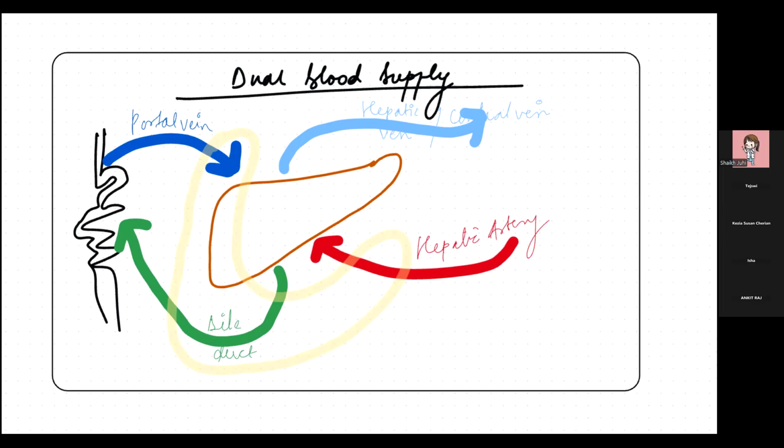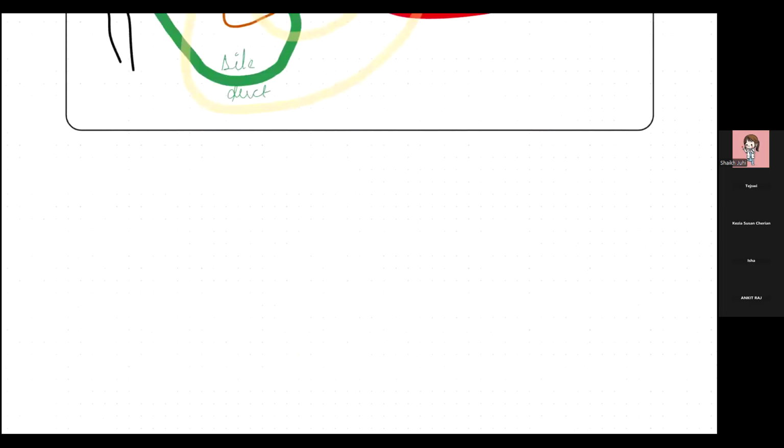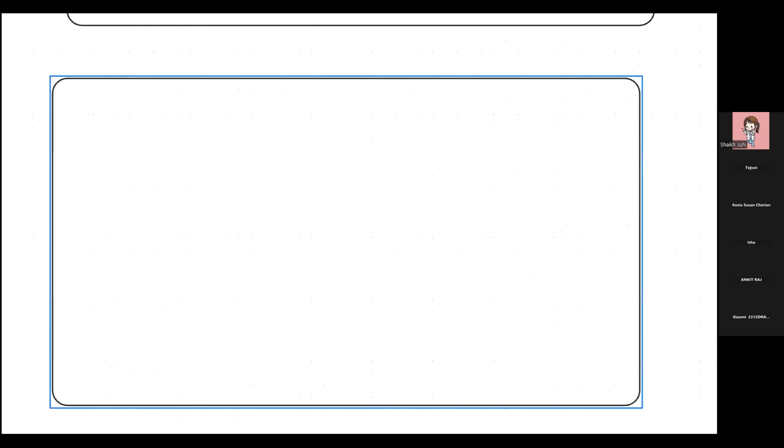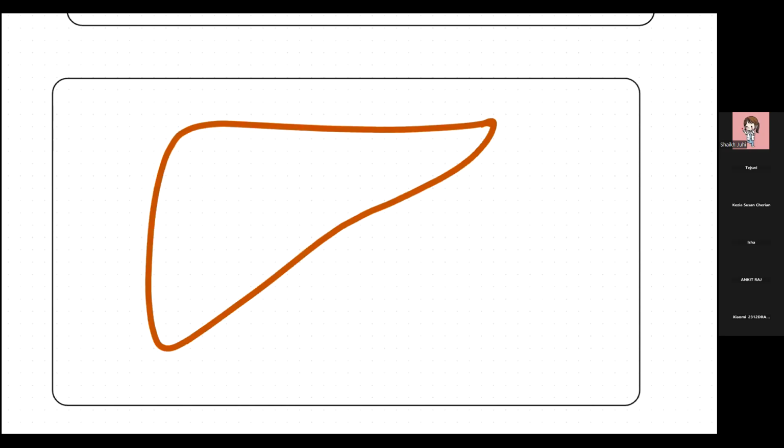See, now let's suppose this is the liver, isn't it? Over here we have the hilum of the liver, and here we have the gallbladder.